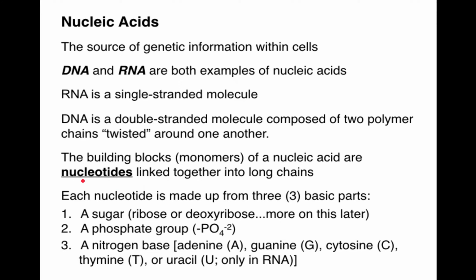And every nucleotide consists of three parts: a sugar, ribose in RNA or deoxyribose in DNA, a phosphate group, and then a nitrogenous base. In DNA, we're going to find adenine, guanine, cytosine, and thymine as nitrogenous bases. In RNA, uracil will replace the nitrogenous base thymine, but adenine, guanine, and cytosine will still be found in RNA.